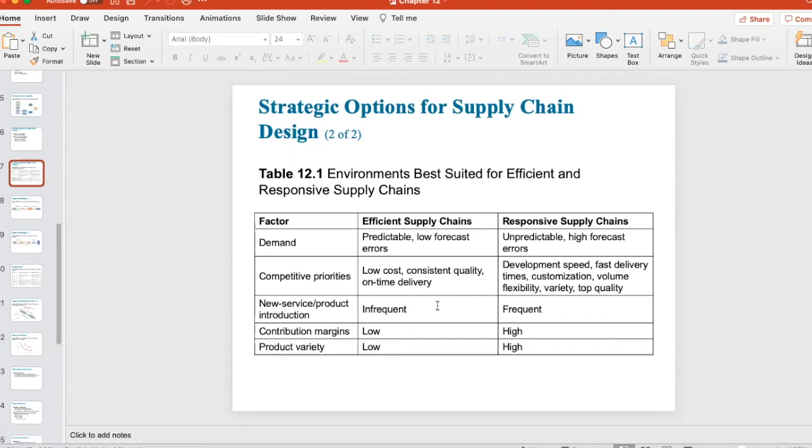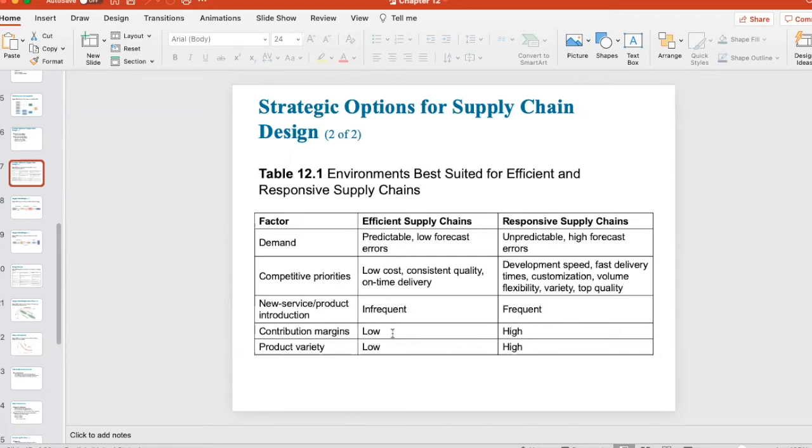Then further, in the efficient supply chains, since those products are more standardized, the new service, new product introduction, the new generation is less frequent compared to those products or services within the responsive supply chains. That'll be very intuitive. Okay, and also for the contribution margin dimension within the efficient supply chain, since those products are more standardized, the information is more transparent compared to you and your competitors.